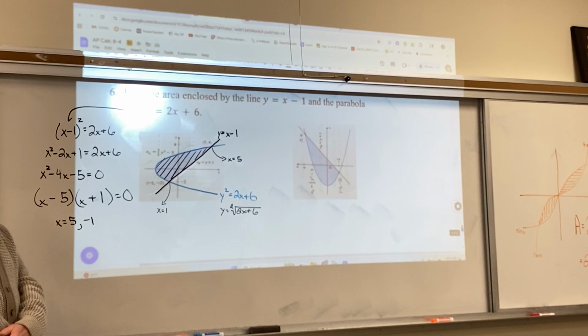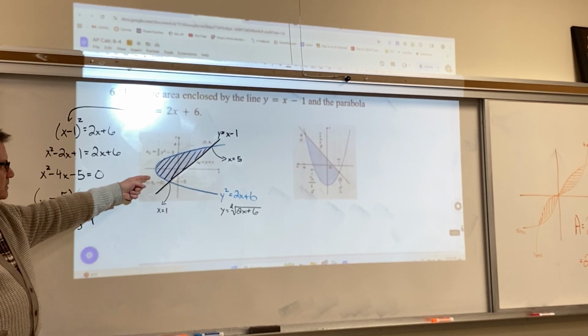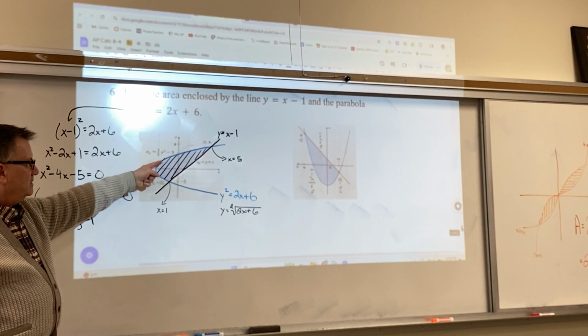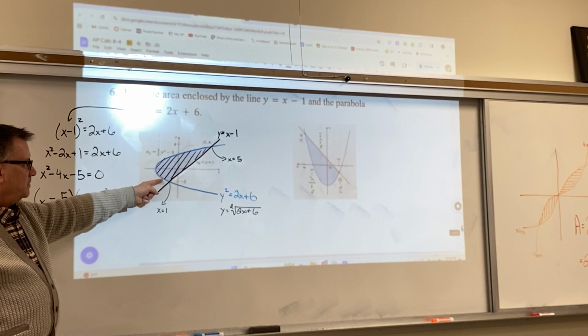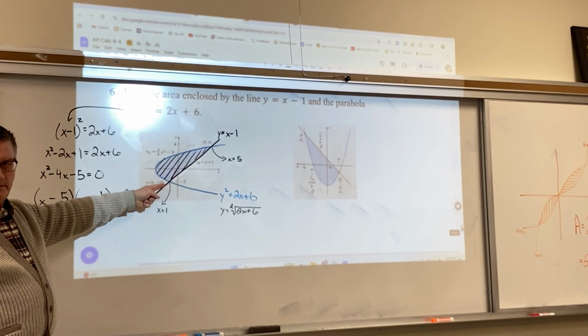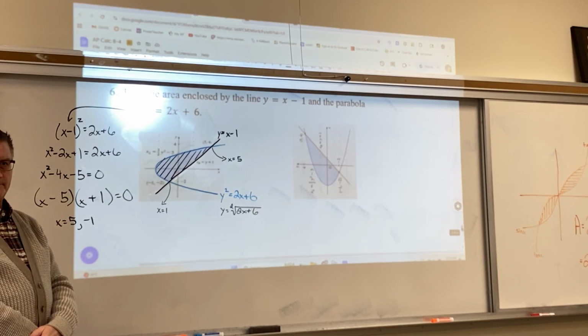So it's 9. But is that the equation that's on the top? Yeah. Right here? Looks like it's on the top and the bottom right there. I can't really tell.